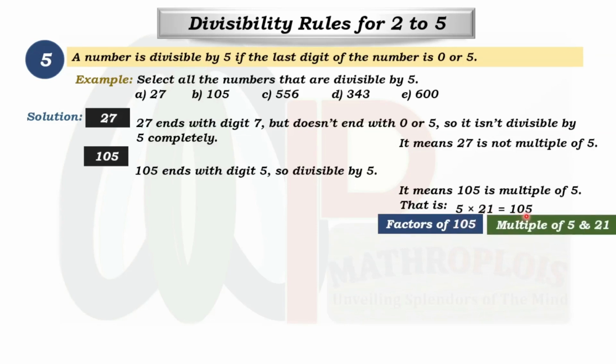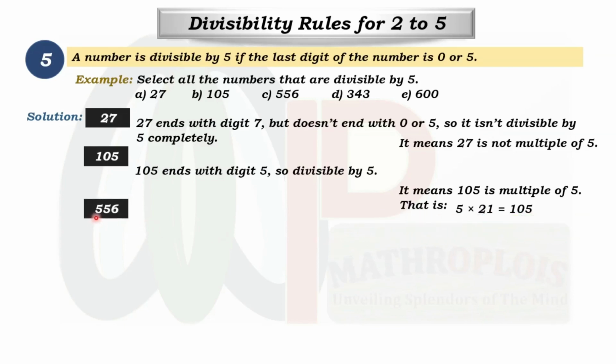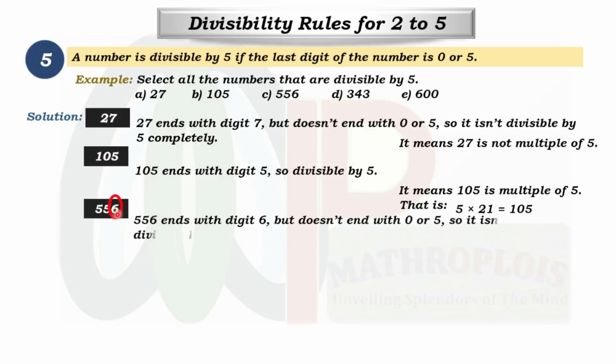And 105 is a multiple of 5 and 21. Next number is 556. The number 556 ends with digit 6, but doesn't end with 0 or 5, so it's not divisible by 5 completely.